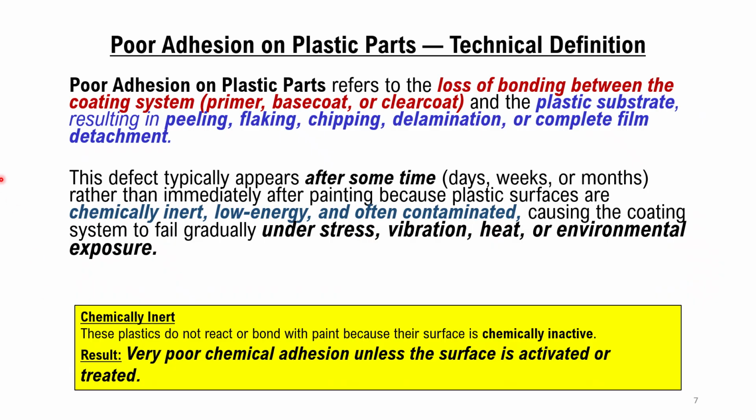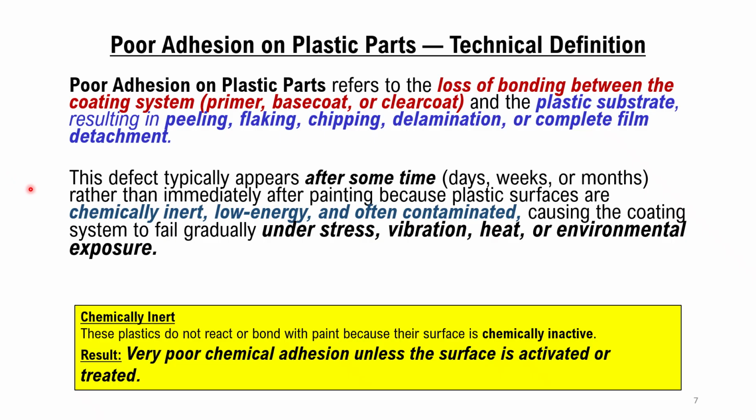The technical definition of poor adhesion on plastic parts refers to loss of bonding between the coating system, such as primer, base coat, or clear coat, and the plastic substrate, resulting in peeling, flaking, chipping, delamination, or complete film detachment.